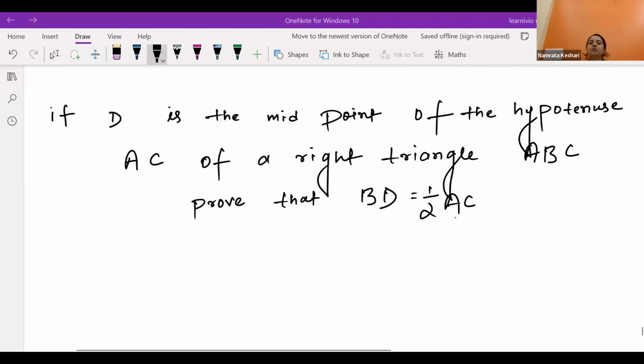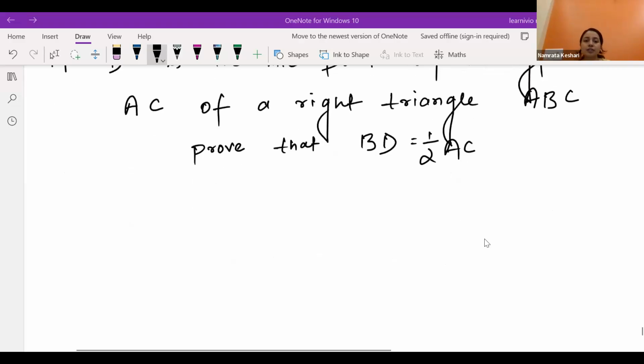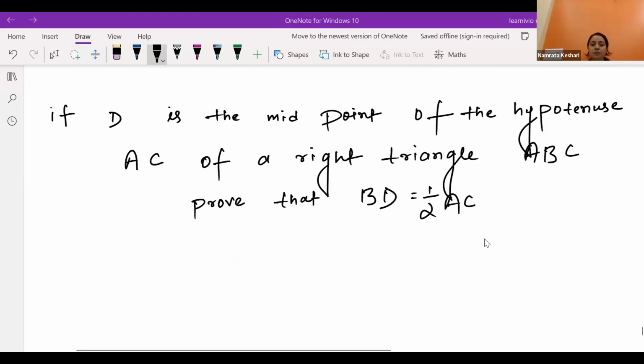Yeah, so it is written over here that if D is the midpoint of the hypotenuse AC of right angle triangle. So we are having a right angle triangle.